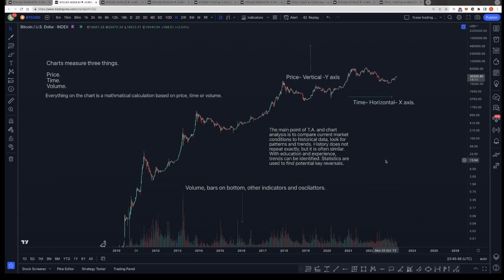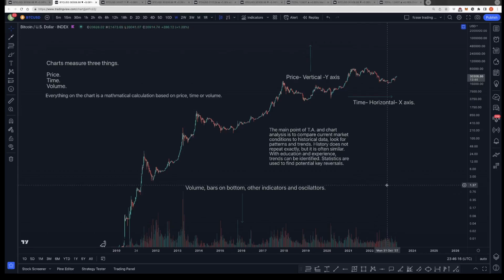So basically, statistics are a key point of this. For example, we can look at these volume spikes here and see that they kind of correlate with some of the bottoms of the market. So you can take a quick look at this and say, hey, these volume spikes are lining up with these peaks and troughs of the market.